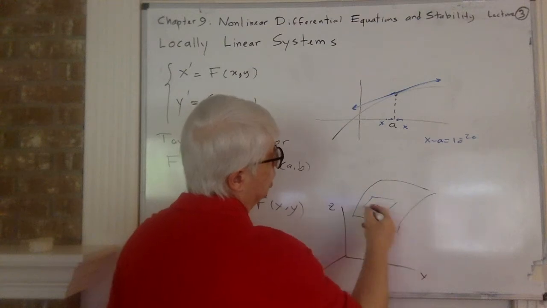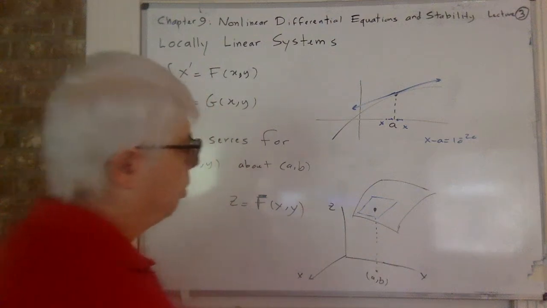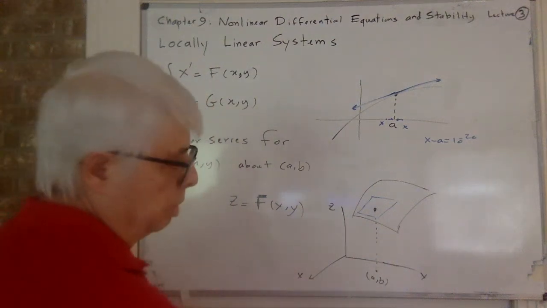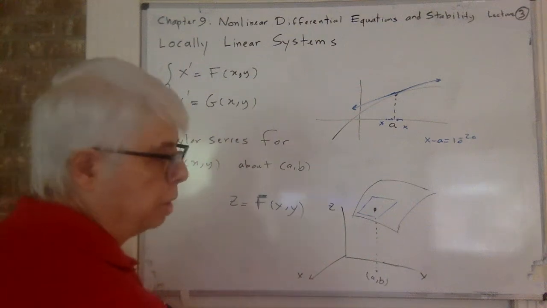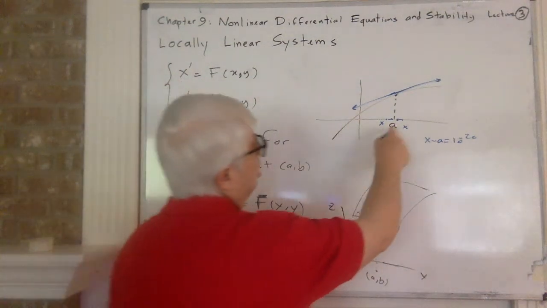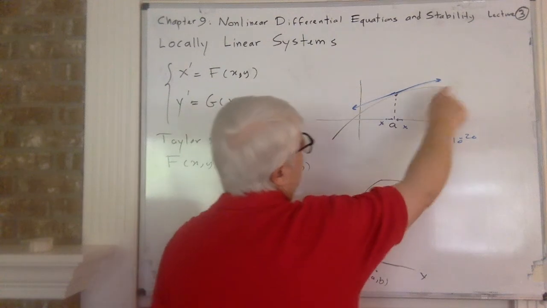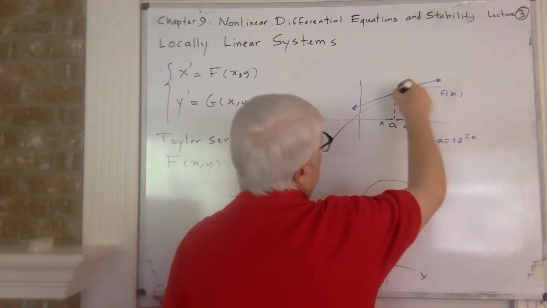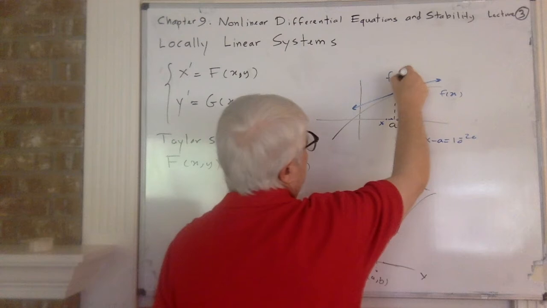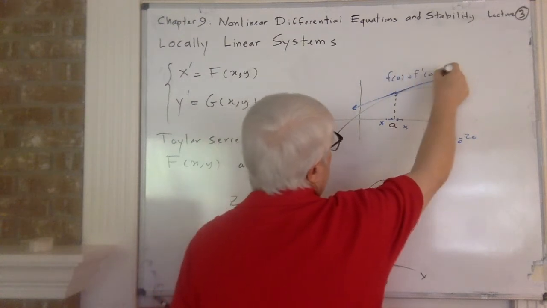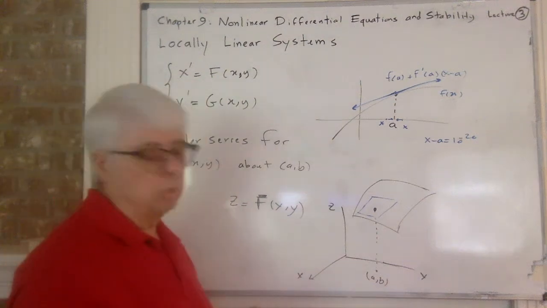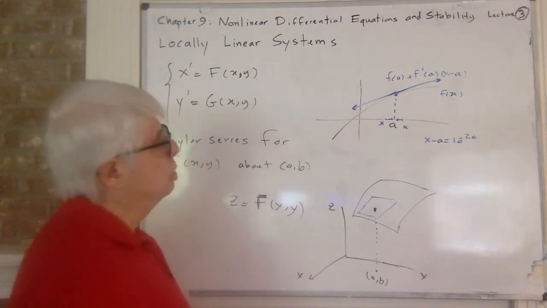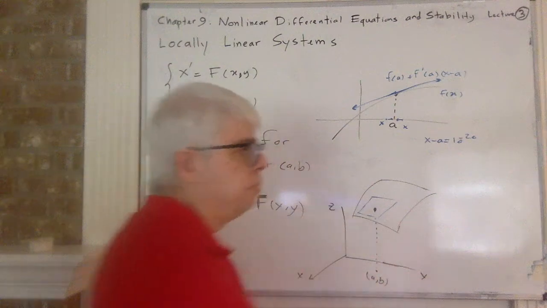And you can approximate the function about point (a, b) with the tangent plane. Like this one, instead of dealing with f(x), we can deal with this function, which is f(a) plus f prime(a) times (x minus a). Instead of the original, which might be a transcendental function like e to the power x or something, we can deal with this one.